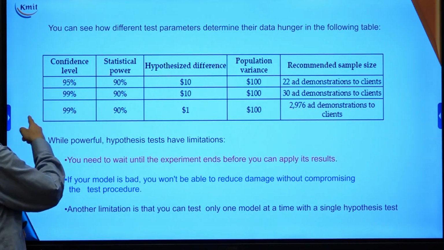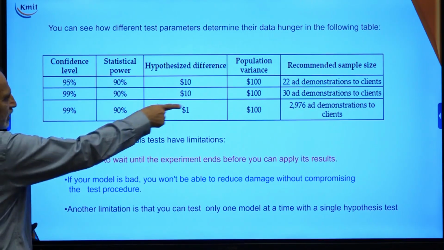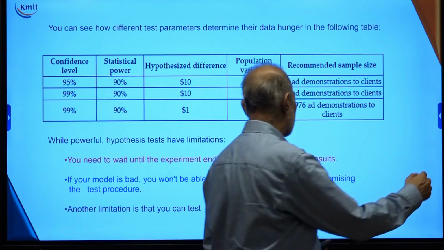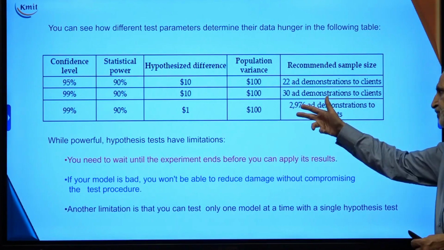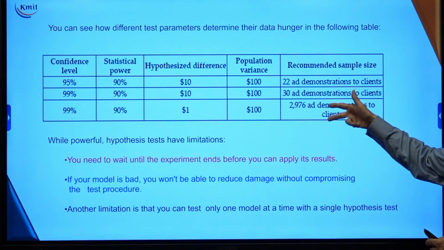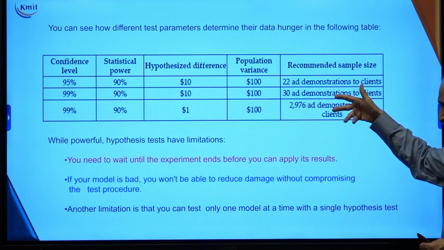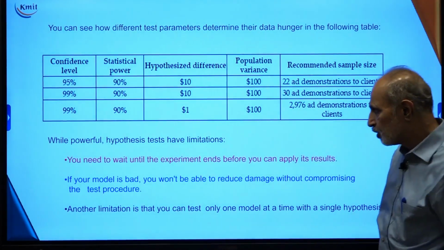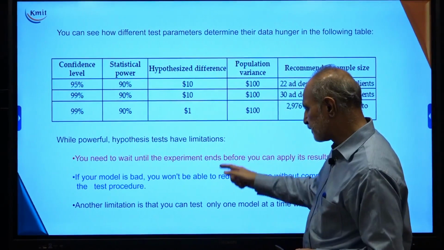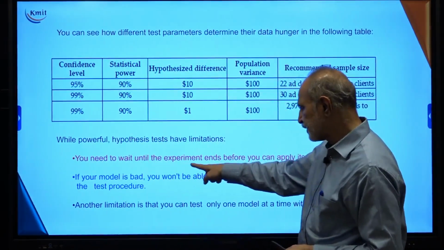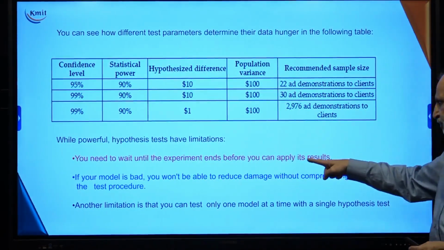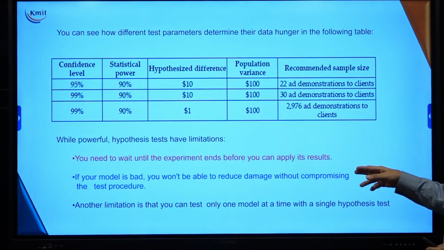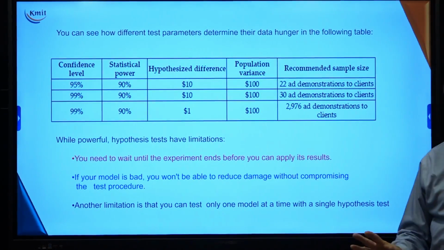So, a confidence level of 99% is giving me more and more information, and it is also telling me what the sample size is. So, this kind of analysis, this kind of hypothesis testing, will be a much better one to take. While powerful, hypothesis tests have limitations: you need to wait until the experiment ends before you can apply the result. If your model is bad, you won't be able to reduce the damage, as the damage is already caused.